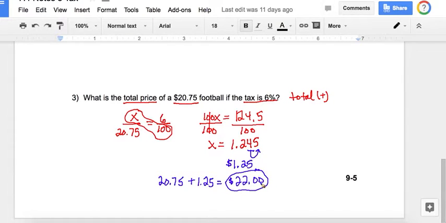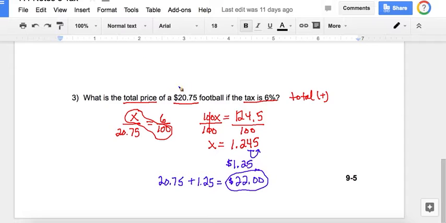Okay, now all the problems that we set up, we were finding the tax. And either that was our answer, or we had one extra step and we had to add to find the total. However, the questions that you're going to see in classwork and potentially future homeworks might not always be finding the part. Sometimes I give you the part.